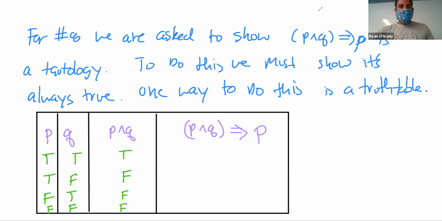So when is P and Q true? Okay, P and Q is true here. True implies true is also true. And then the other times it's always true. It doesn't matter. False implies true is true. False implies false is true. And of course, the other time we have false implies false again is true.